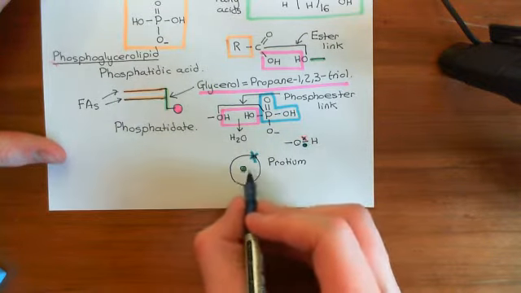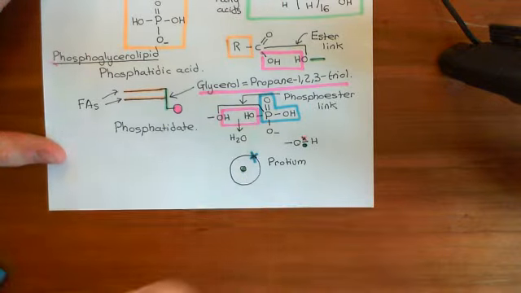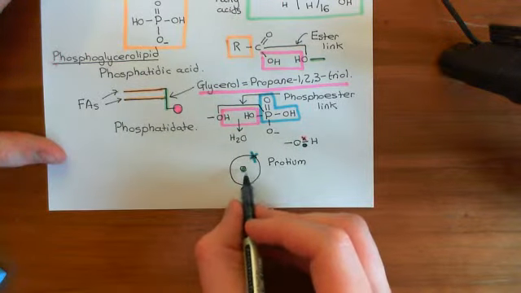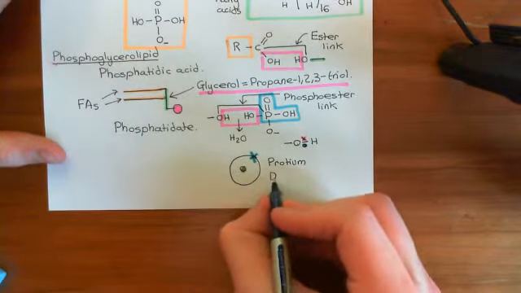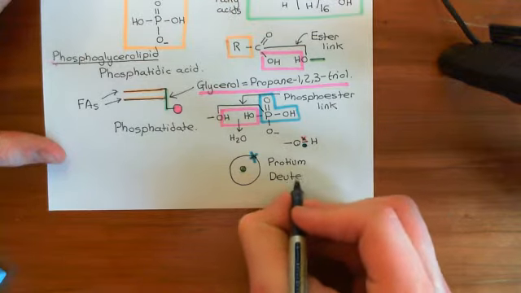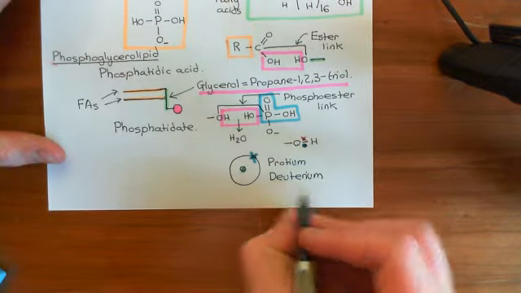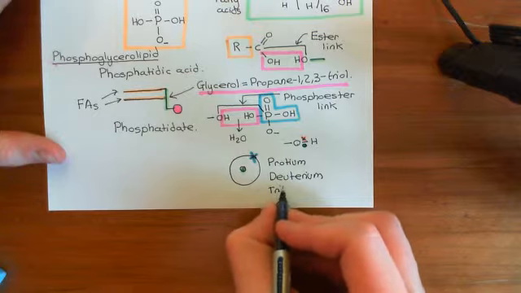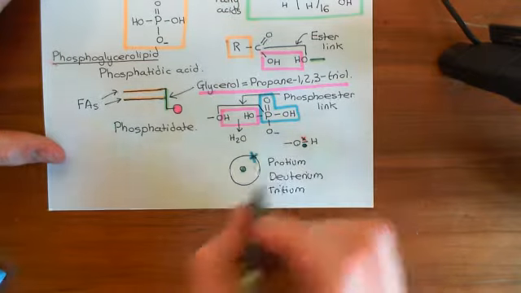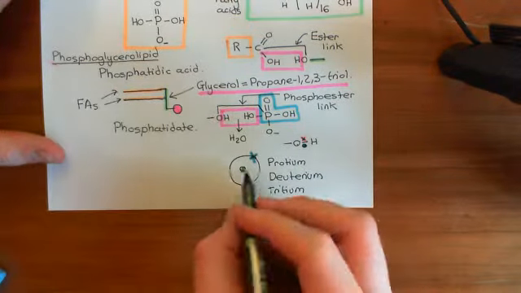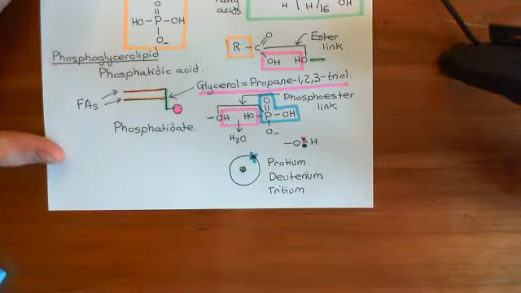Okay, there are other isotopes of hydrogen where you do have neutrons. So for instance, deuterium then has a single neutron in the nucleus, and then finally there's also tritium, which has 2 neutrons in the nucleus, and you can go further, but those are the main 3 isotopes of hydrogen. However, deuterium and tritium are rare compared to protium. Most hydrogen atoms will be protium, okay, and therefore will have no neutrons in the nucleus.